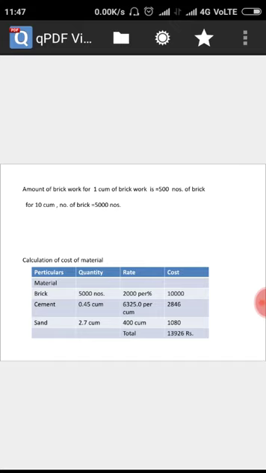Cement, quantity is 0.45 cubic. Rate of cement is 6325 per cubic. So the total cost is 2846 for cement. For sand, quantity is 2.7 cubic. Rate is 400 per cubic. Total cost is 1080. So the final total cost is 13,926 rupees.